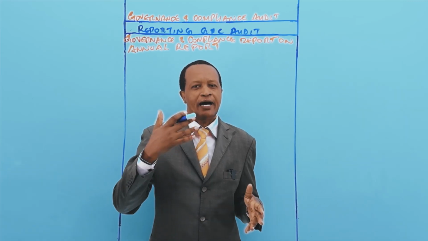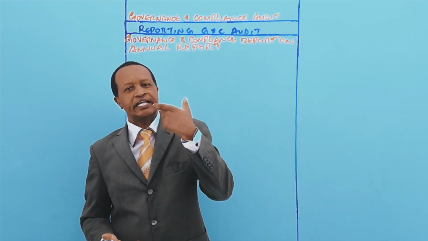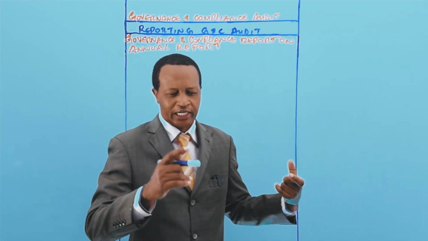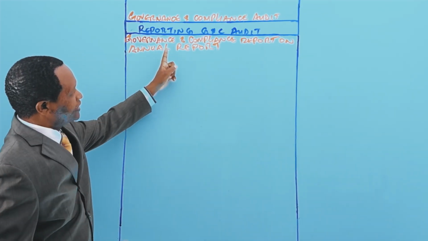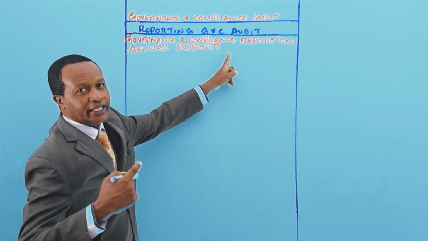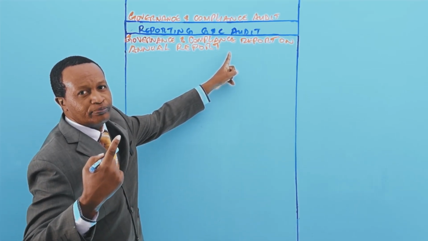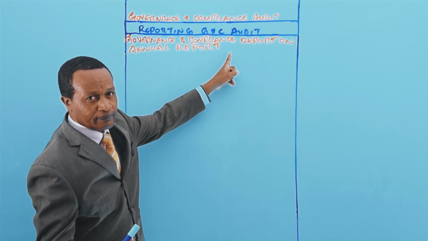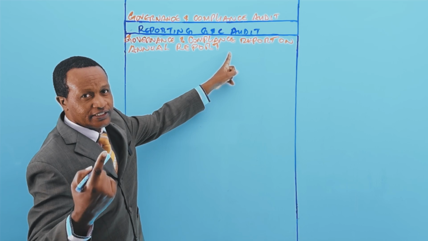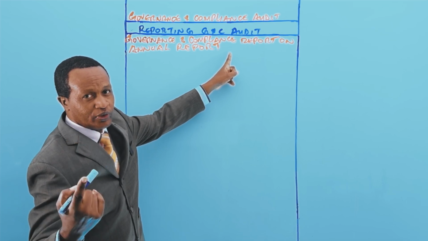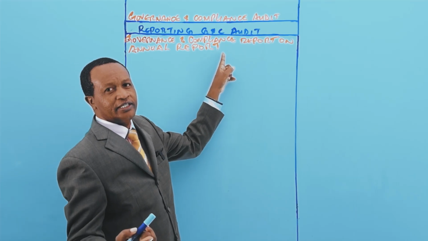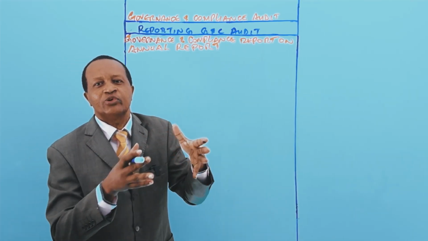For the purpose of this lesson, candidates, we are talking about the governance and compliance report included within an annual report.